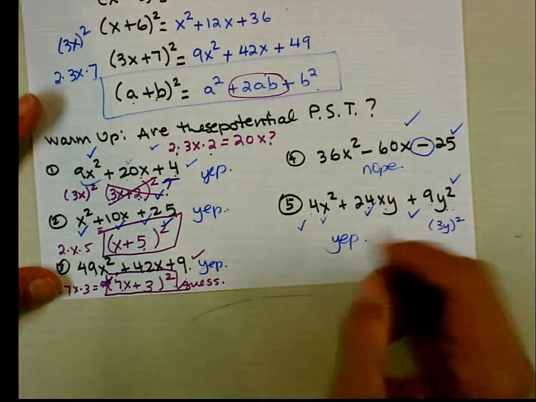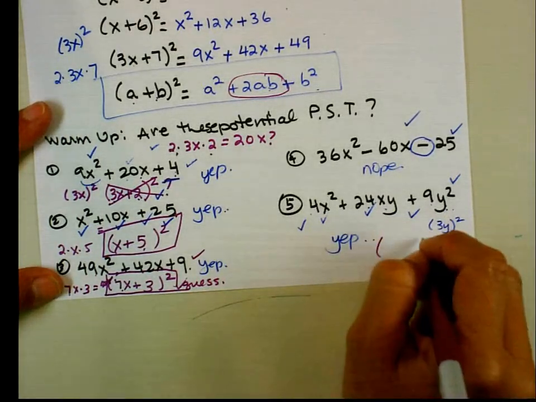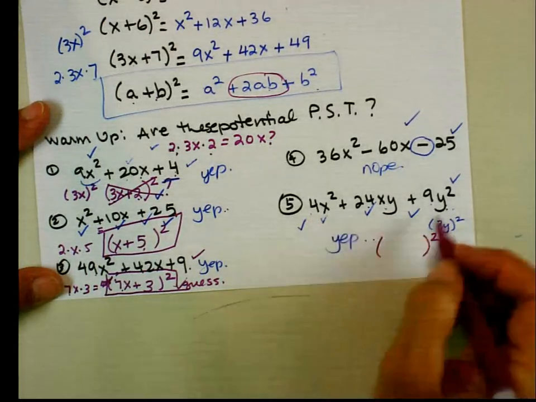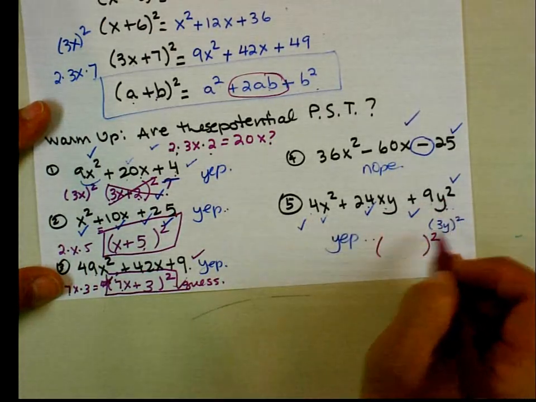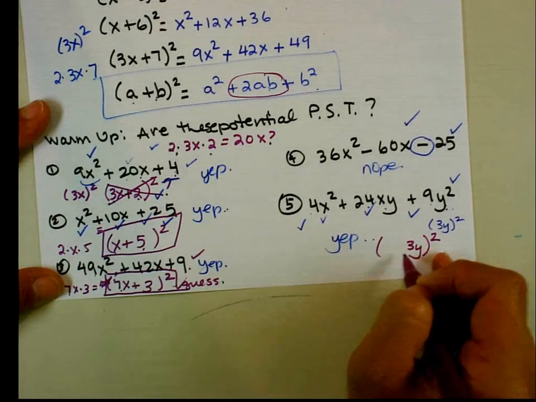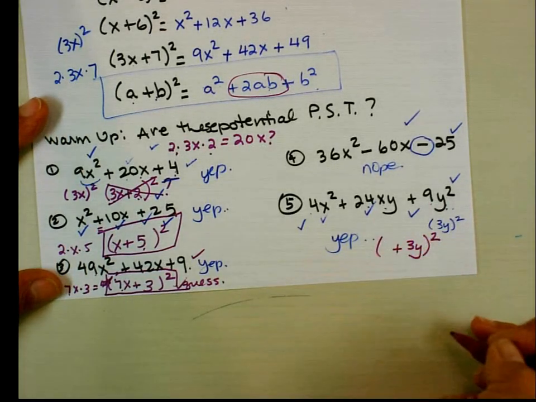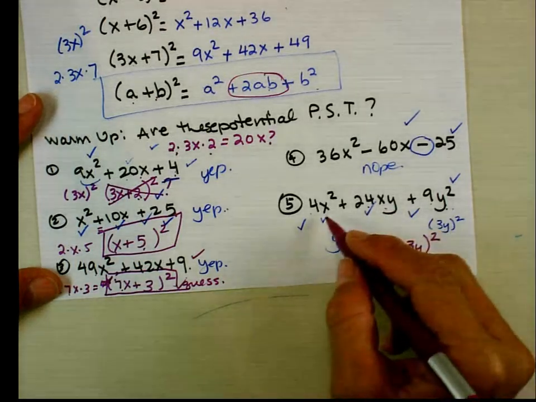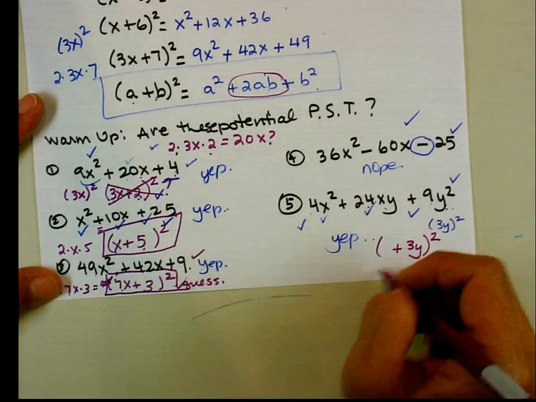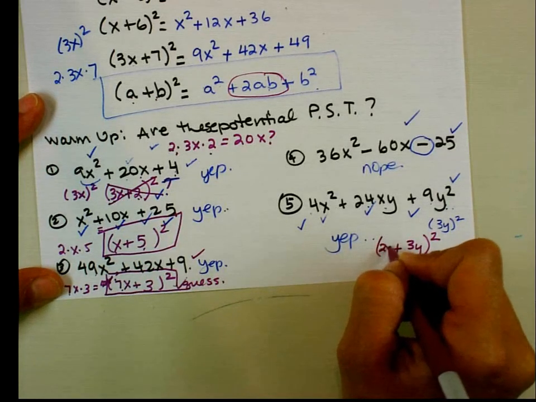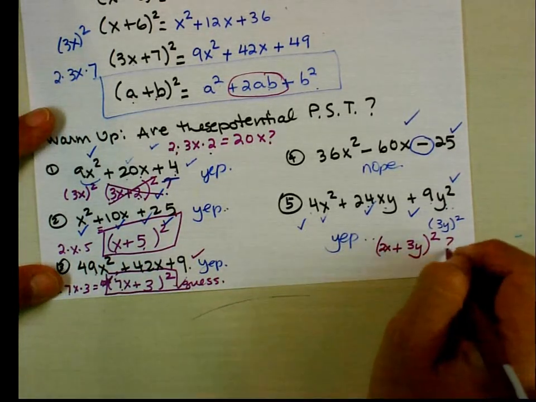Number 5. Oh gosh. Okay. So when we go to factor, I know right here was my reasoning before, so it'll be a 3y last. These are all positive. It doesn't have to be positive. They can be negative. So plus 3y squared. And then what would go in the first spot so that when it's squared, it gives me 4x squared? Okay, so 2x. So this is our guess.